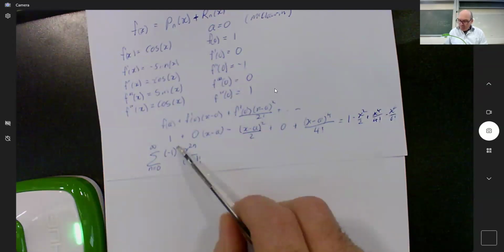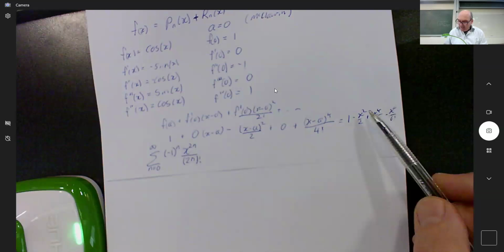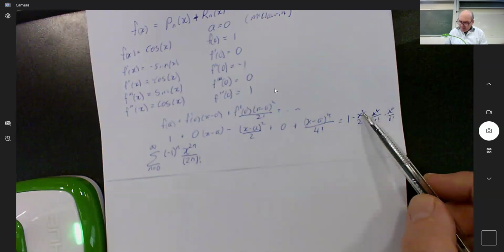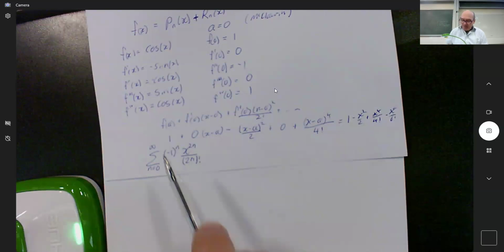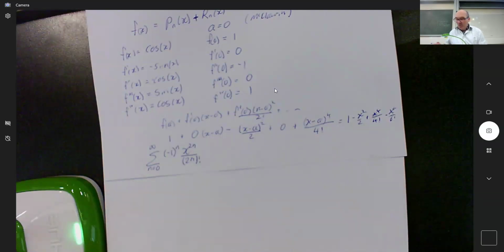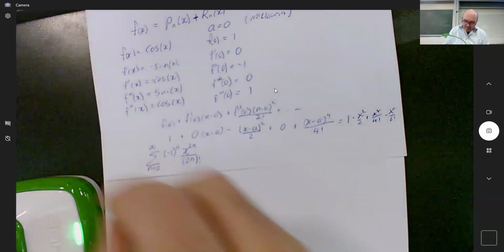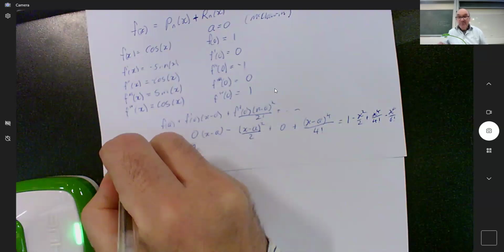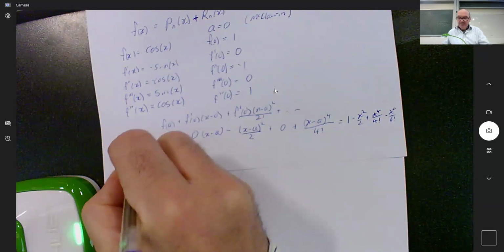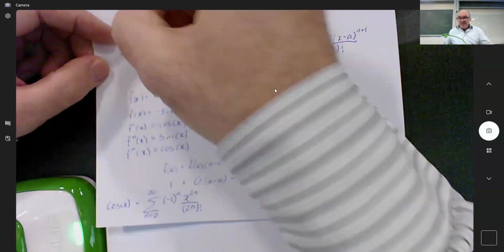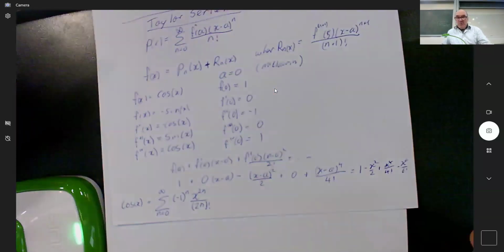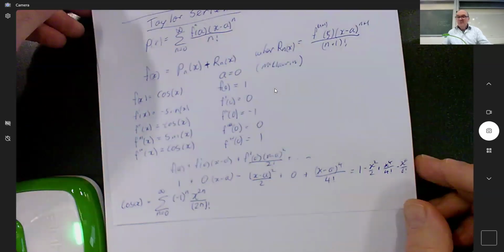When n is equal to 1, to get me x squared, the sign's got to be negative, and that checks out. So I've just done a little checking to make sure I've got the right form. So cosine of x is equal to this sum.